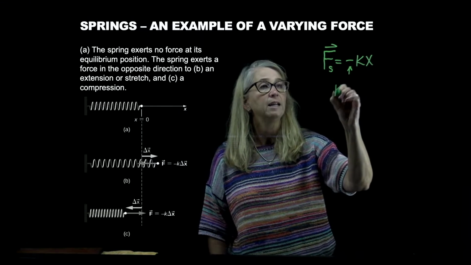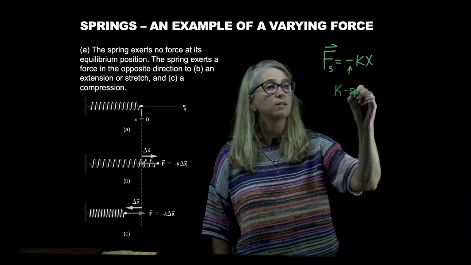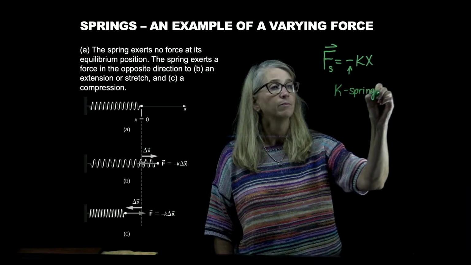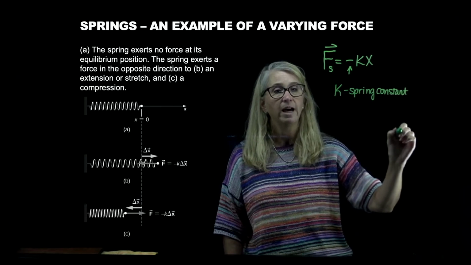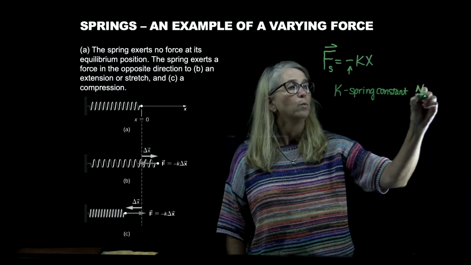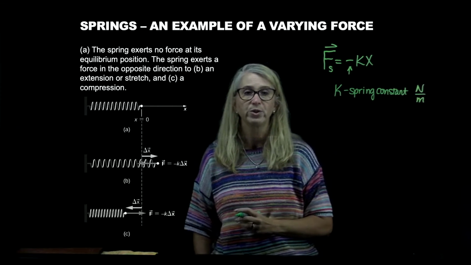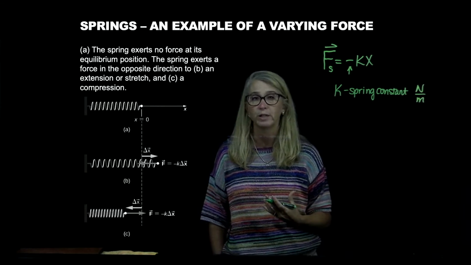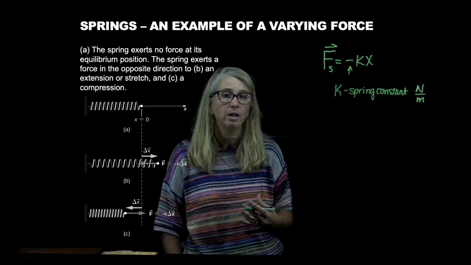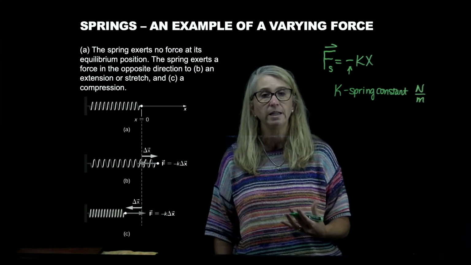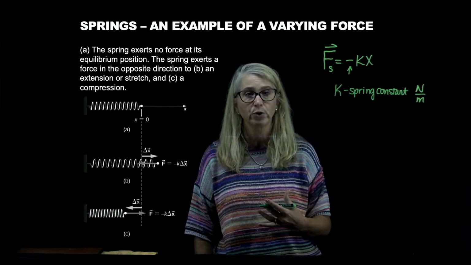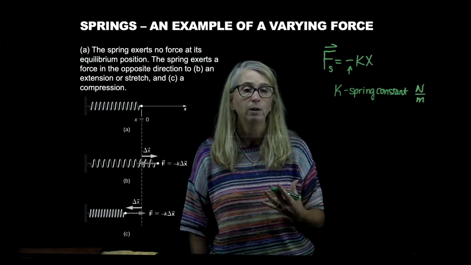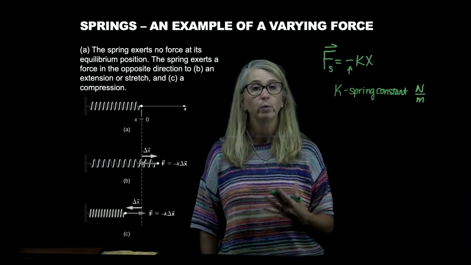Now, k is called the spring constant, and it gives us a sense of, well, the language we use is stiffness, how stiff the spring is. And what it means is how much force is needed to either stretch or compress the spring by a certain amount. k will be a value that a particular spring will have.